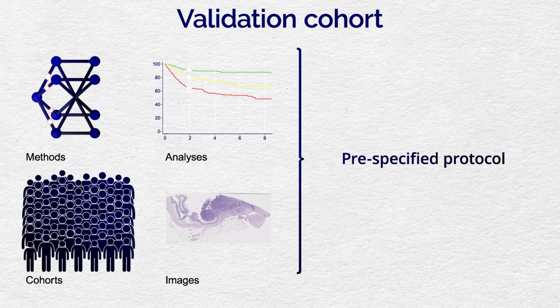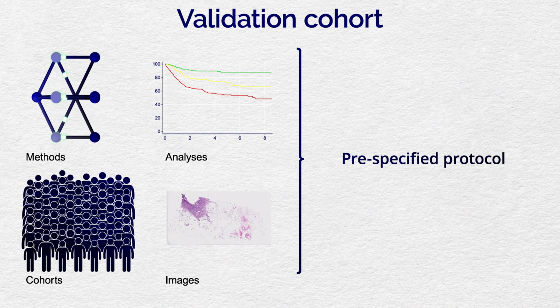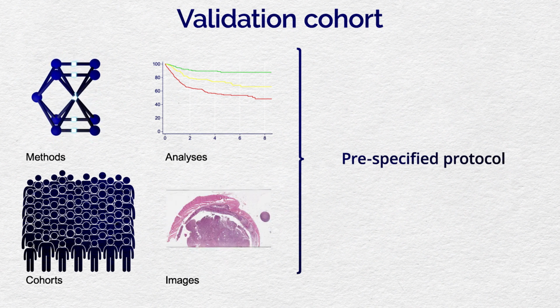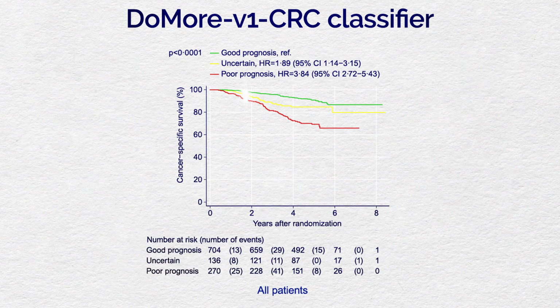The analyses were pre-specified in a protocol prior to all investigations that could reveal associations between the slides and cancer-specific survival. The classifier provided additional information on the risk of cancer-specific death. After adjusting for established prognostic markers, patients in the poor prognosis group of the Tumor V1 CRC marker still had about 3 times higher hazard of cancer-specific death than those in the good prognosis group. A similarly accurate separation of patients into risk groups was observed when analysing the marker in all patients.